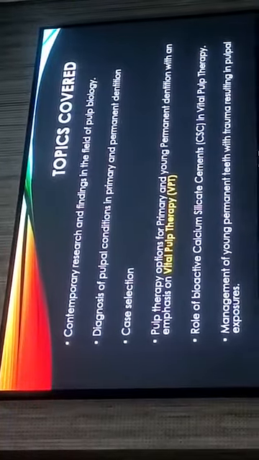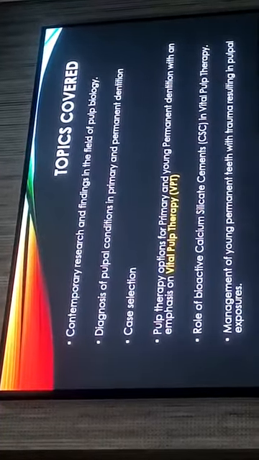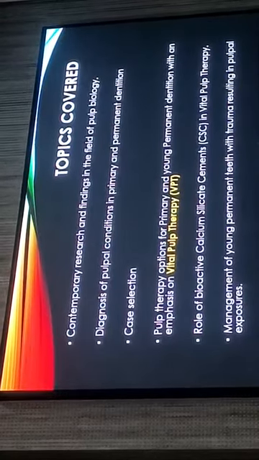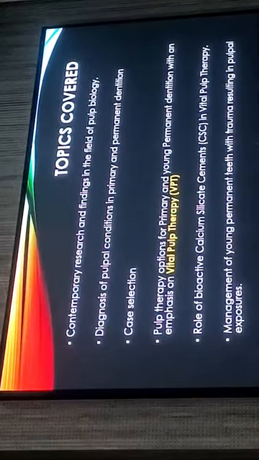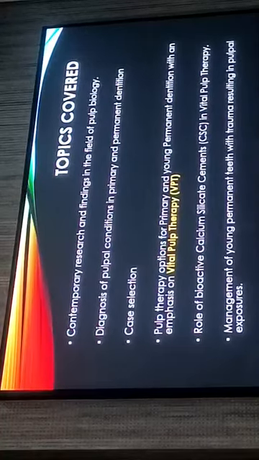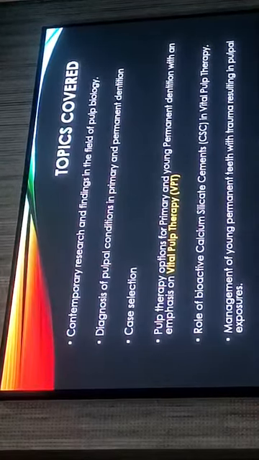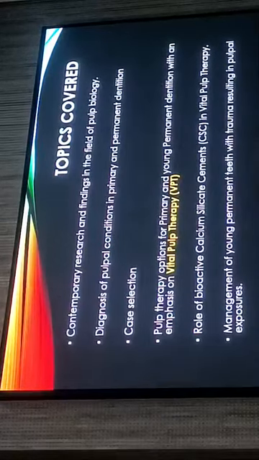The topics we're going to cover today are contemporary research and findings in the field of pulp biology, diagnosis of pulpal conditions in primary and permanent dentition, case selection, pulp therapy options for primary and young permanent dentition with an emphasis on vital pulp therapy, VPT, which is what's commonly mentioned in literature, the role of bioactive calcium silicate cements in vital pulp therapy, and management of young permanent teeth with trauma resulting in pulpal exposures.